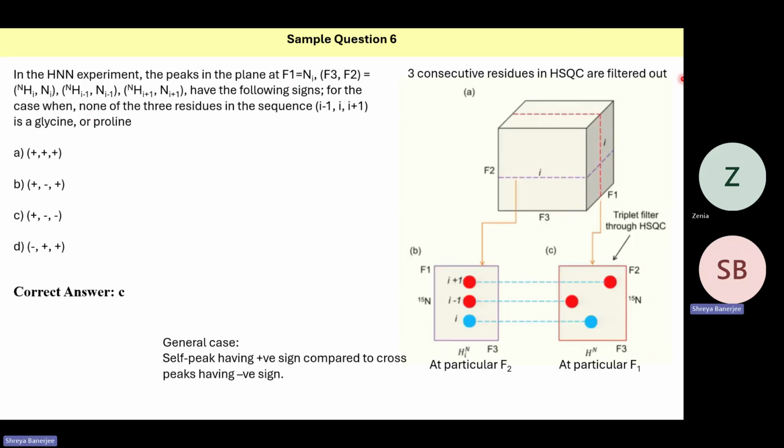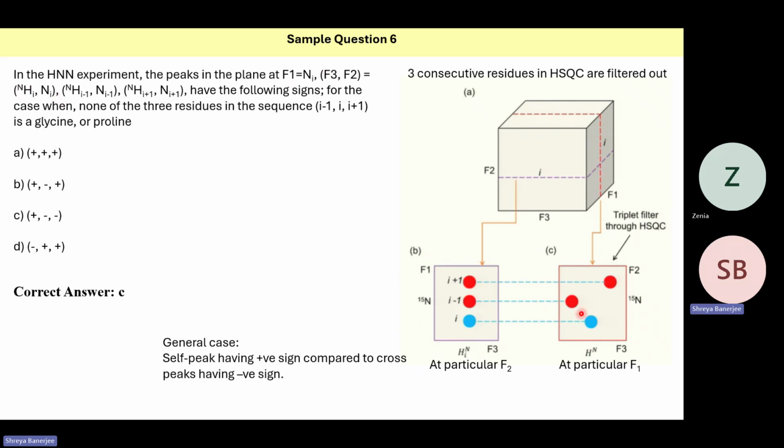So again, when we look at this experiment, there are three frequency axes. One is hydrogen and two are nitrogens. If we take the plane at a particular value of F1, that is this plane, the vertical plane, the change in F2 and F3 is observed. In this plane, what will be the signs?